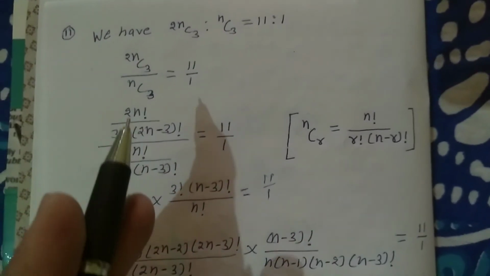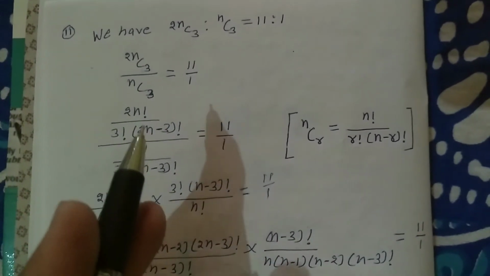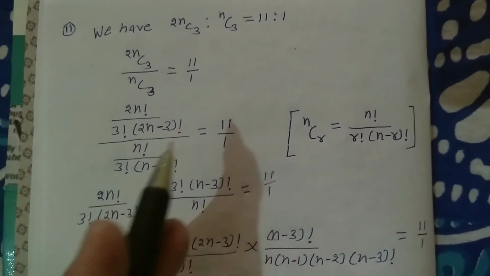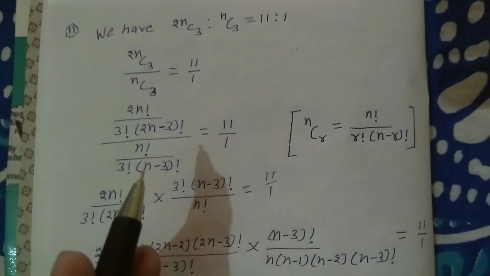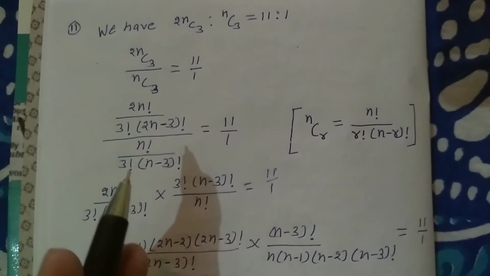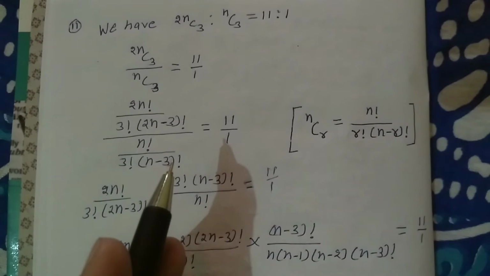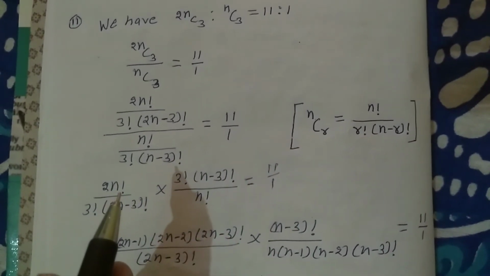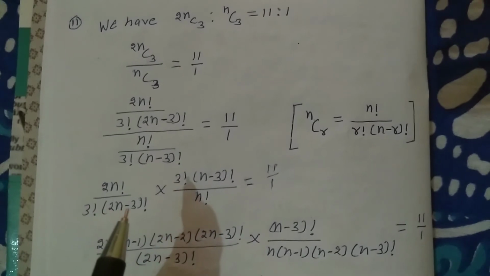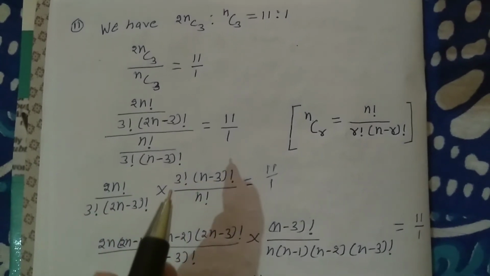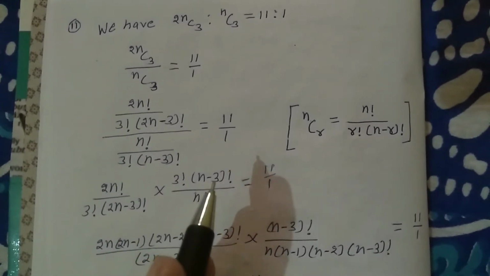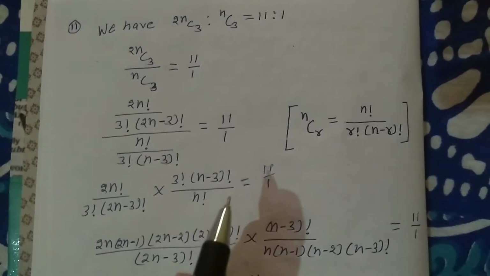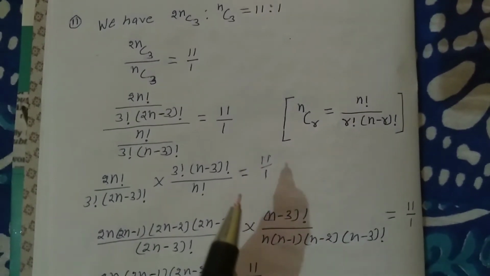So this is expressed as (2n)! upon 3! (2n minus 3)!, upon n! upon 3! (n minus 3)!, is equal to 11 upon 1, which is expressed as (2n)! upon 3! (2n minus 3)! into 3! (n minus 3)! upon n! is equal to 11 upon 1.